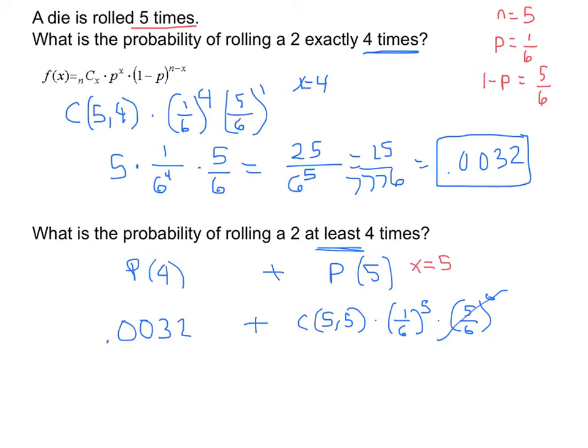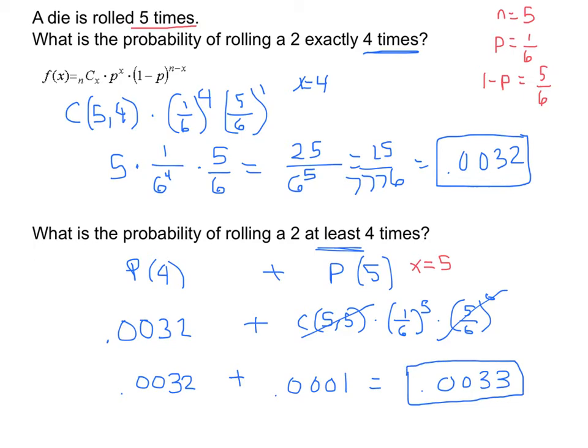We also know that the combination of 5 things taken 5 at a time is also just 1. And so we're going to get 0.0032 plus 0.0001, which is equal to 0.0033. And that is the probability of rolling a 2 at least 4 times, meaning 4 times and 5 times together.